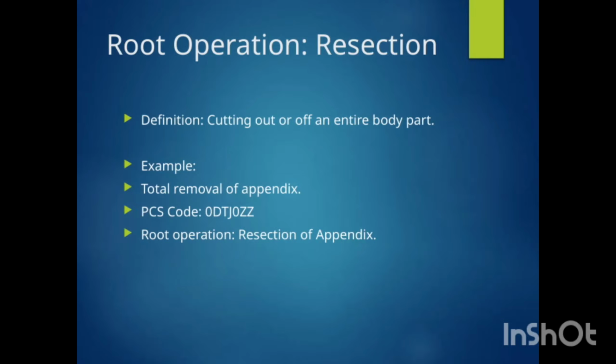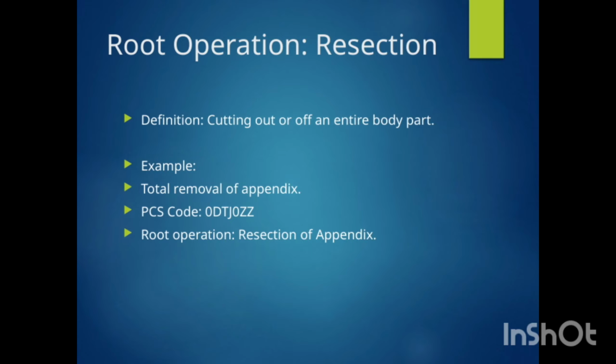In this slide, we're focusing on the concept of resection, which basically means cutting out or removing an entire body part. For example, if a surgeon needs to remove the appendix completely, that's considered a resection. The specific example here is the total removal of the appendix, which is coded as 0DTJ0ZZ in the PCS system.